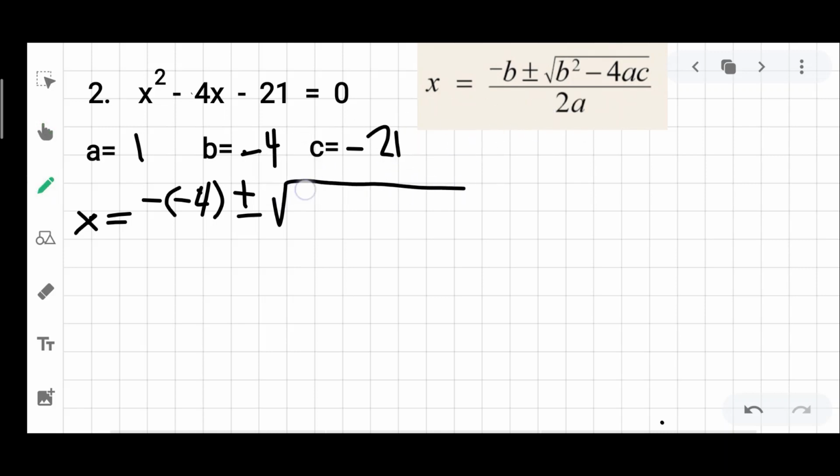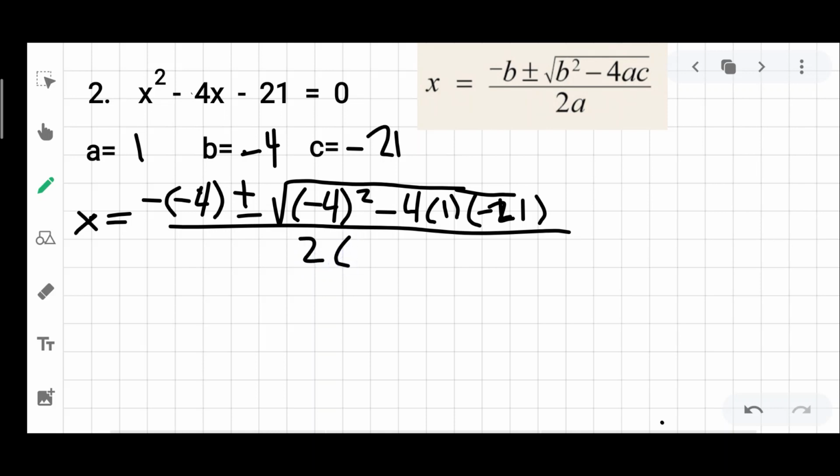That is negative 4 squared minus 4a, yung a natin is 1, and then yung c natin is negative 21. All over 2, yung a natin is 1. So, again, negative b, yung b natin, negative 4, plus or minus square root of b squared minus 4ac, all over 2a.